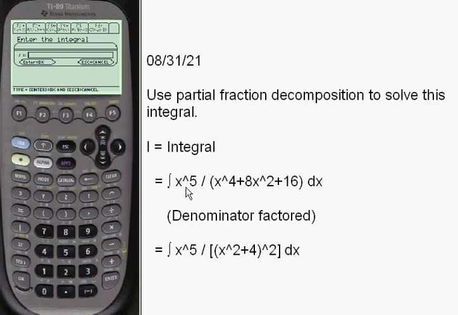This would be x^5 divided by (x^4 + 8x^2 + 16) dx. And you have to press alpha first to do that, to put in letters, whatever into my entry lines here. You have to press alpha first, so remember that.